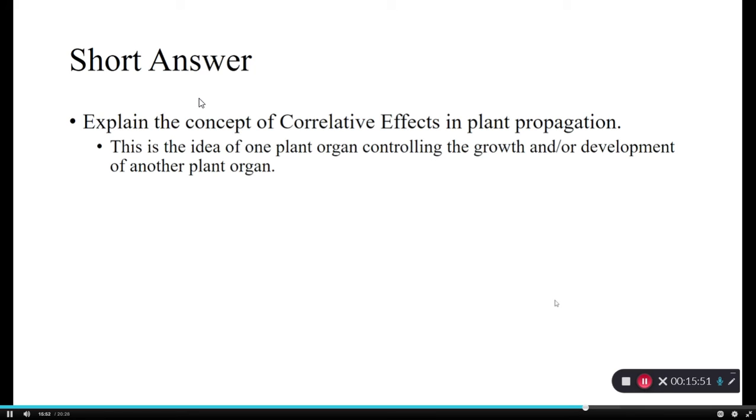Maybe think of it as a leaf has control over root formation, or maybe a bud has control over root formation. So this is the idea of correlative effects, and it's mediated primarily by hormones.